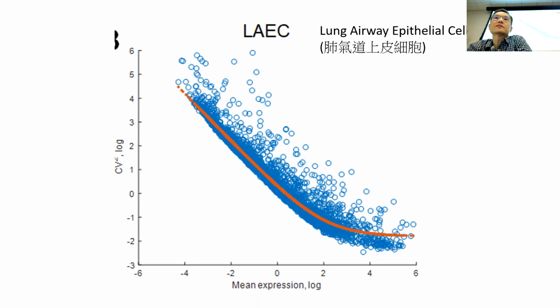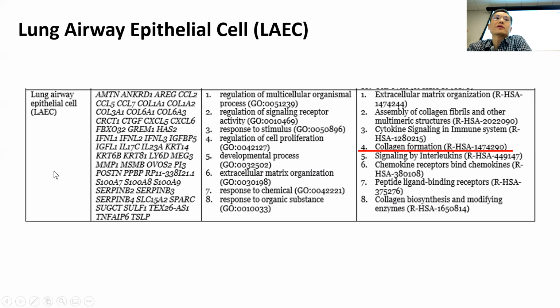Well, remember we have highly variable genes identified from this lung airway epithelium cell. And in that group of cells, these are the highly variable genes, top 50, and their functions.